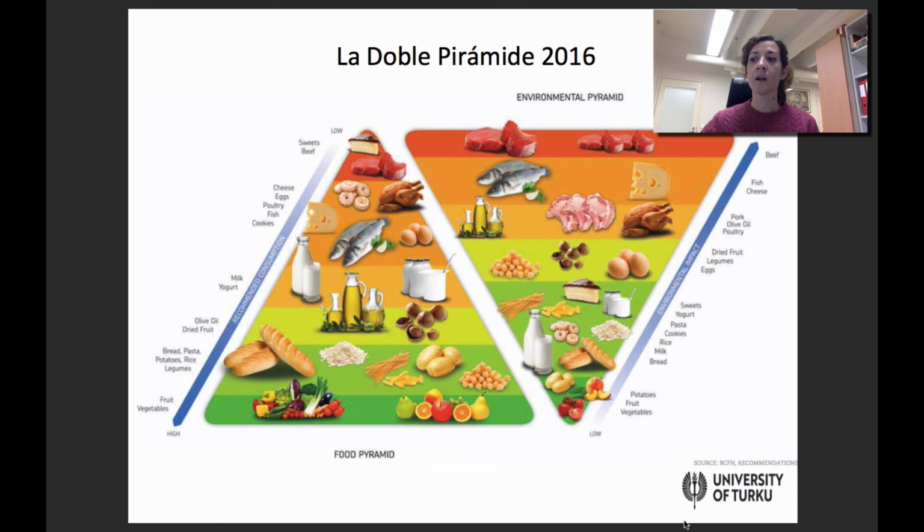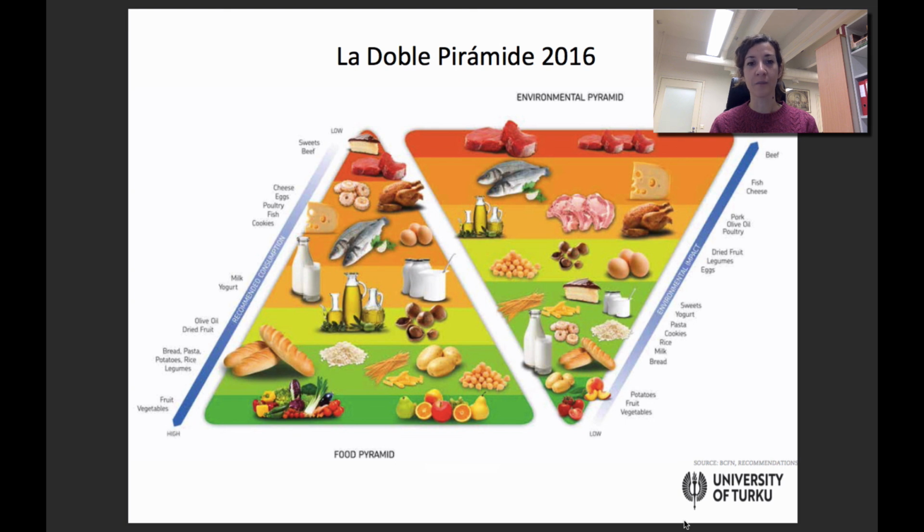So once again, according to what we have seen, there is a very direct link between those foods that you should eat in larger quantities and those foods that have a smaller impact on the environment, and vice versa, those foods that you should eat in smaller quantities are also those foods that have a higher impact on the environment.